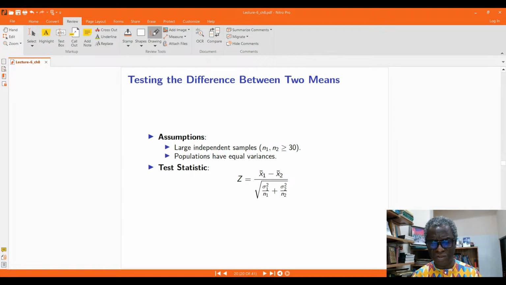Sometimes you have two populations, and you want to compare the two populations.